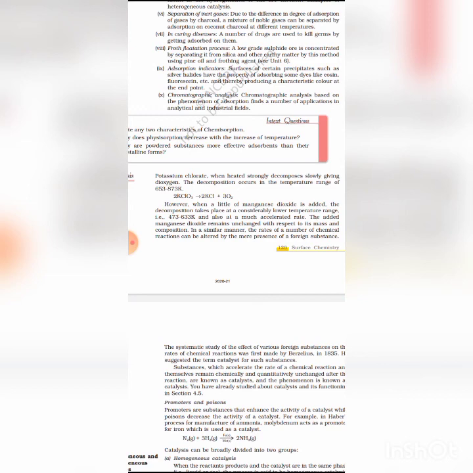Catalysis is of two types: heterogeneous catalysis and homogeneous catalysis.